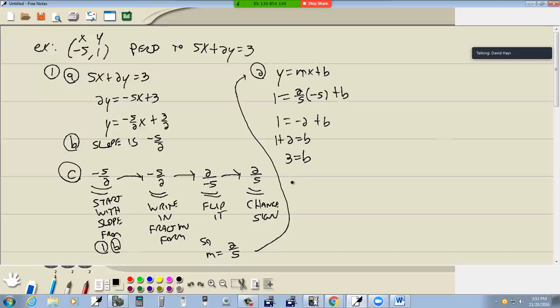And we get b is equal to 3. And then step 3, write down our answer. So we'll plug in m, which was 2/5. So we got y is equal to 2/5 x plus b, which we said was 3. And that'd be our answer.